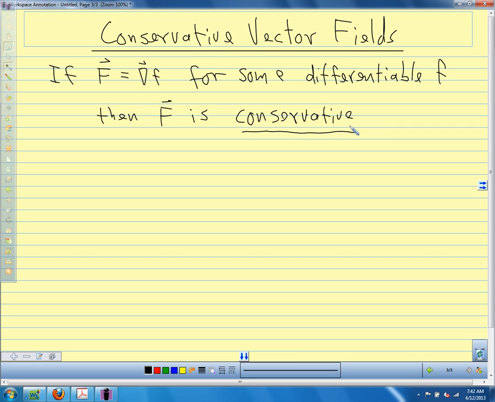So if we can find some scalar function, small f, such that our vector field is the gradient of that function, then we call our vector field conservative. And we call small f, our scalar function, the potential function.